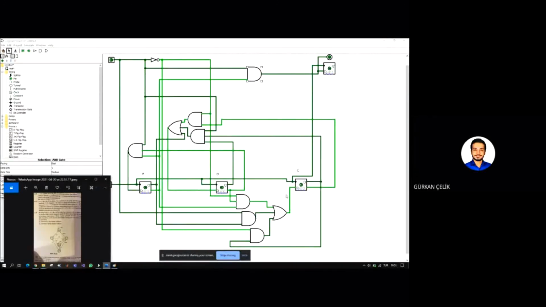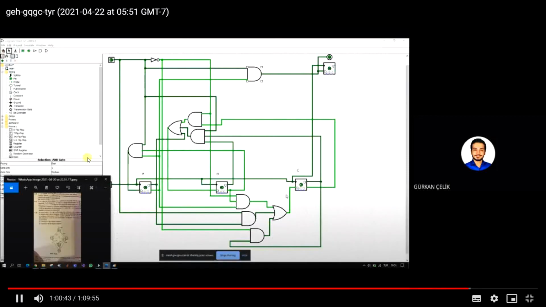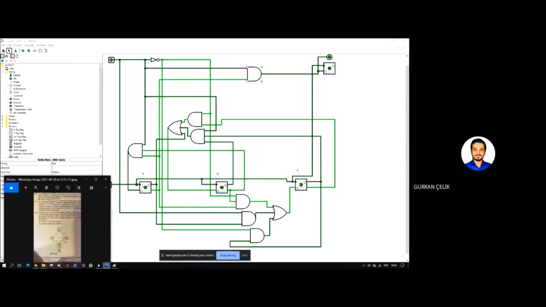I just want you to match this state diagram with the circuit. The first bit 0 means A, the flip-flop D zero. Yeah, 0, 0, 0. And if the input is 0, the next state should be 0, 1, 1, and output should be 0, right?